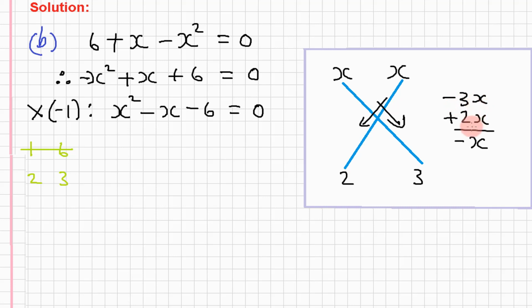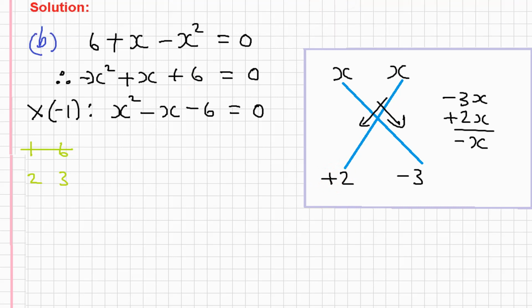So negative 3x plus 2x is negative 1x. How did we get 3x? We said x times 3, and 3 is negative, so we need a minus here. We got 2x by saying x times 2, and 2x is positive, so we need a plus here.